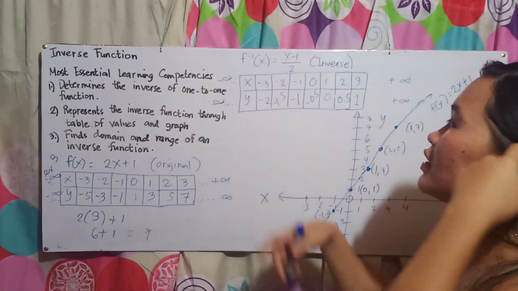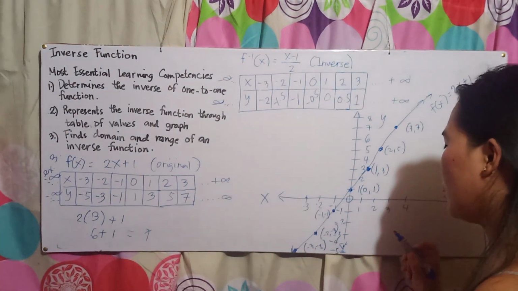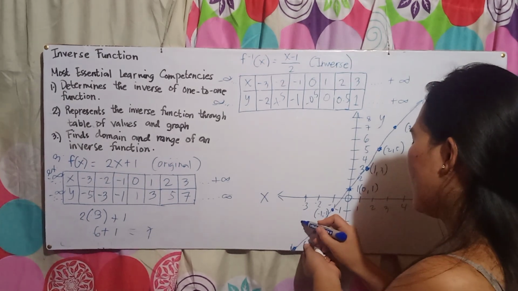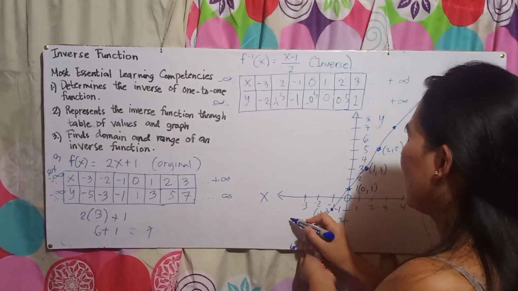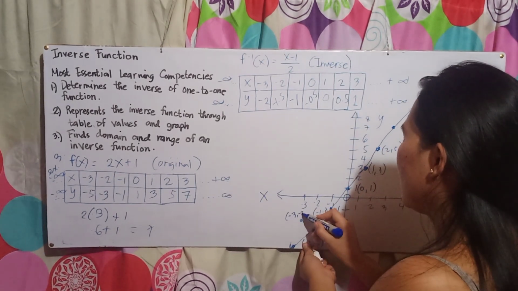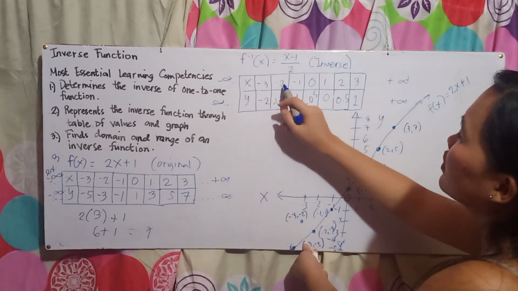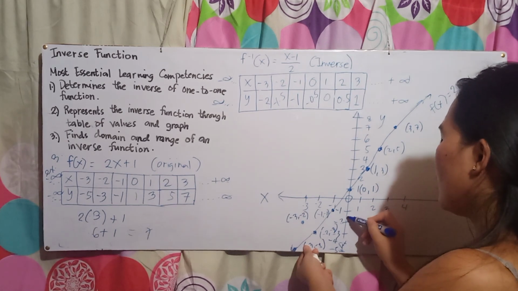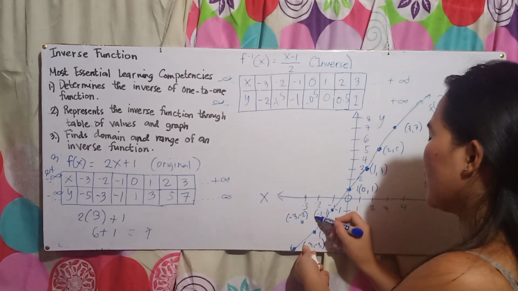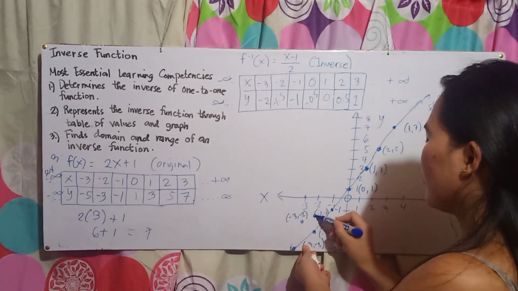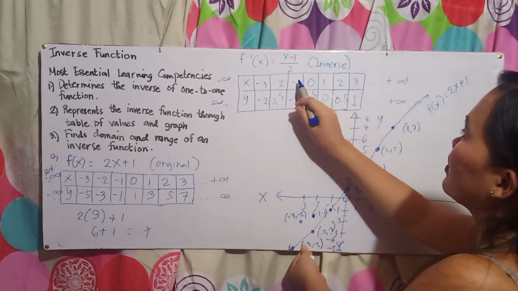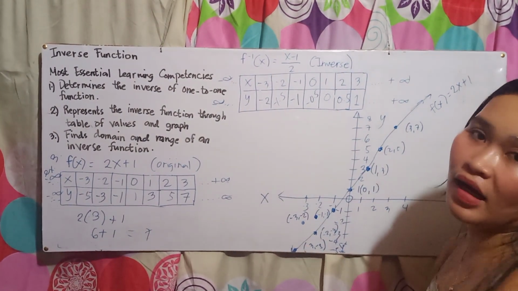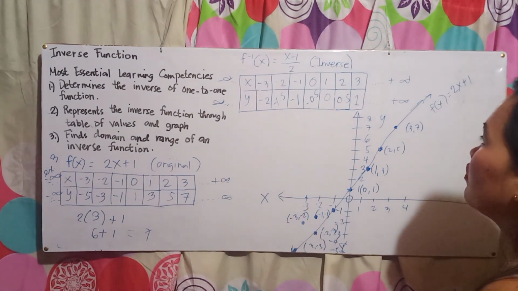So, first, negative 3 and negative 2. Negative 3, negative 2. Next, negative 2, negative 1.5. So, negative 2, and here is about negative 1.5. Next, negative 1 and negative 1. So, here they intersect at negative 1 and negative 1.